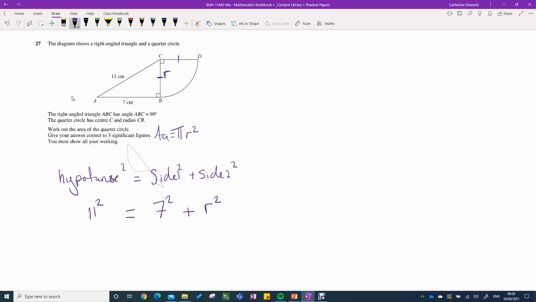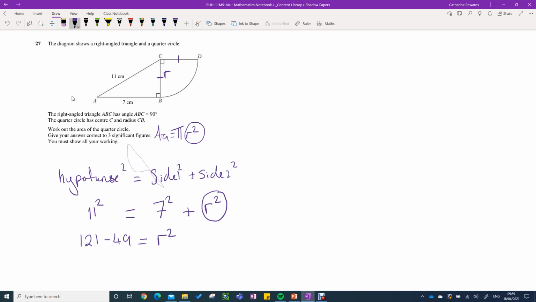Oh, I've just seen a shortcut. I've got radius squared here and radius squared here. So I'm not going to have to do my square rooting step. I'm just going to have to do 121 take away 49 equals r squared.